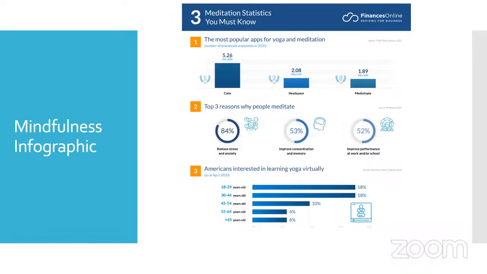But in the US you can see that 5.26 million people are using the Calm app. It is very popular there. My patients reported that Headspace is very effective, so they are using it along with therapy. It gives a daily routine, like maintaining a journal, so they feel very connected with the app.